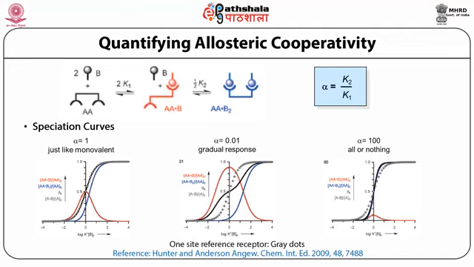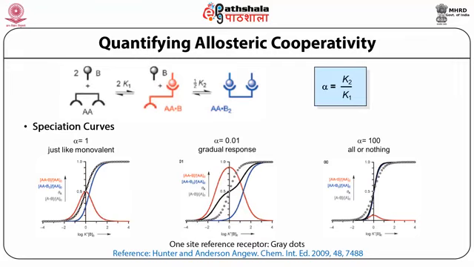Whereas these gray dots are the one-site reference receptors, the reference system we talk about. Now when alpha equals 1, it's just like the monovalent. So basically you always have this black trace and the gray dots superimposing on each other, and you have a significant amount of intermediate concentration developing, and then eventually you go to the final product, when you plot these parameters against the ligand concentration.